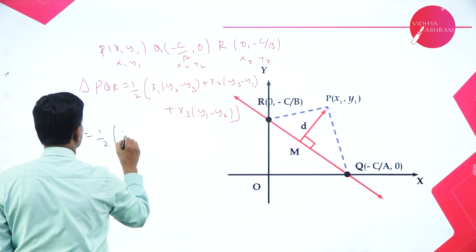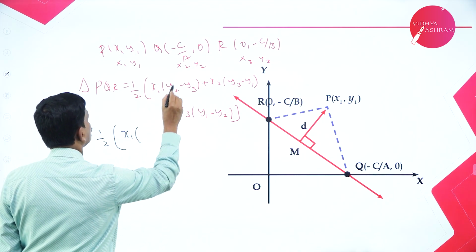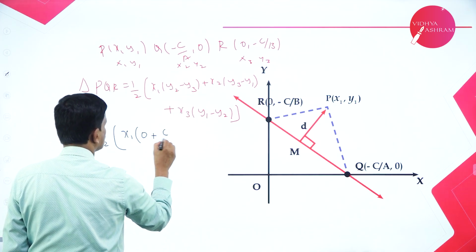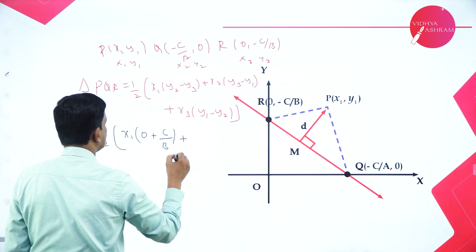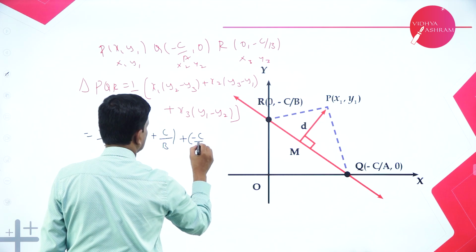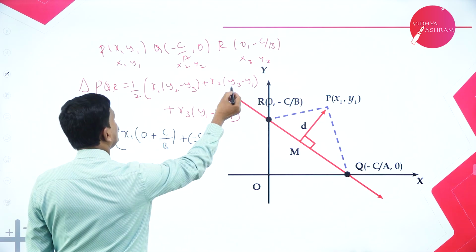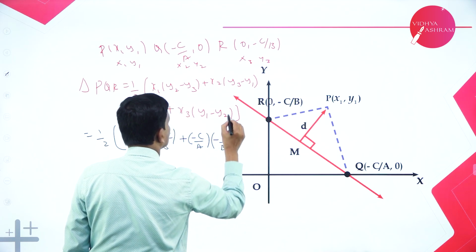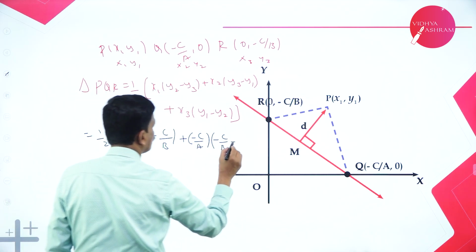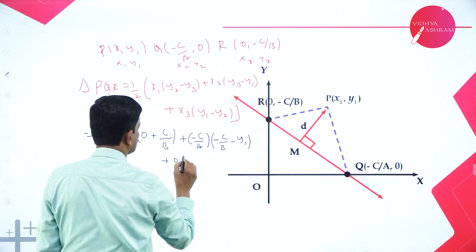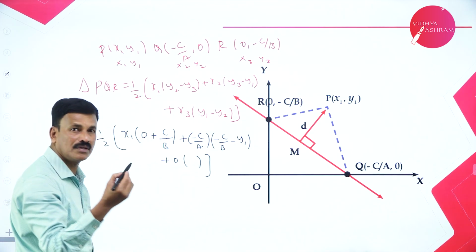What is x1? x1 is x1 as it is. y2 is 0 minus y3, minus into minus plus c by b, plus x2. What is x2? X2 is minus c by a into y3. Y3 is minus c by b minus y1. Y1 is y1 itself, plus x3. What is x3? x3 is 0, into any number we will get 0.